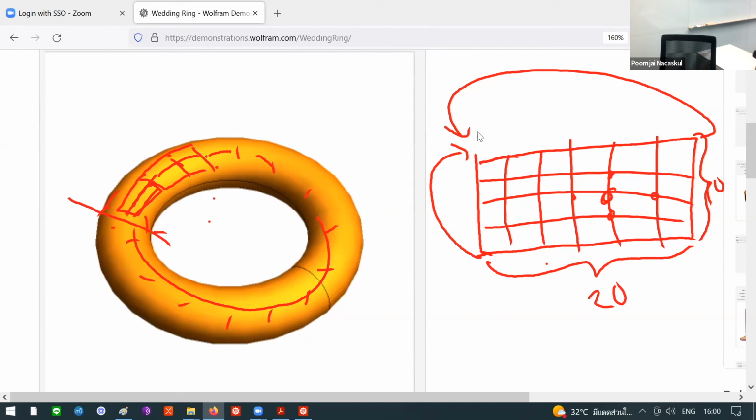You can actually ask Mathematica, for example, let's say this is made of gold. Design the ring that would use this much gold that would cover the finger of this size, but no more. So you don't want to waste gold. You want to minimize the amount of gold.